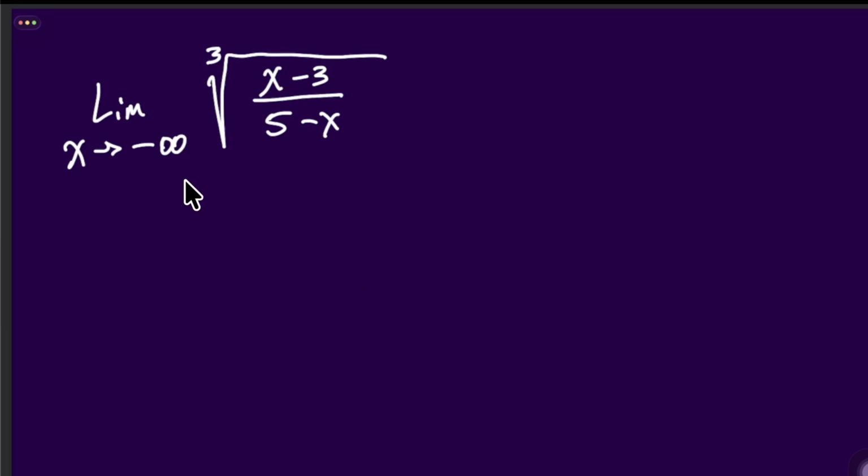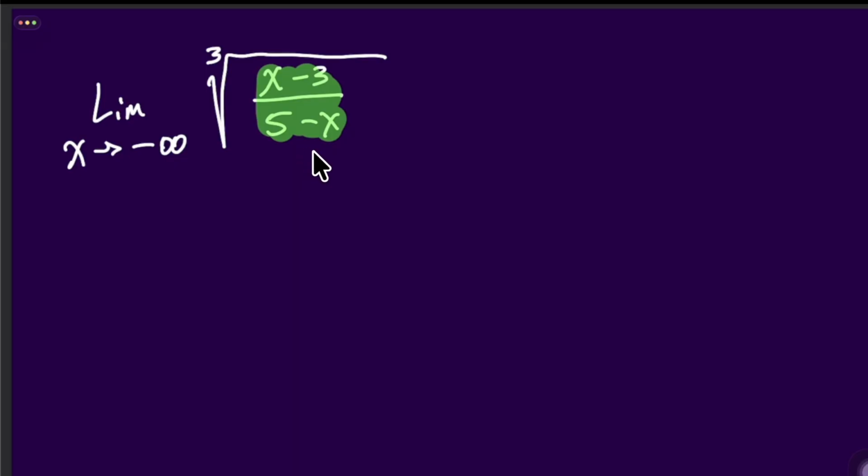For this limit, the first thing we notice is we're heading towards negative infinity, but that's an odd root, so we don't have to worry about inserting any negatives. The unique aspect of this limit is that the radical involves both the numerator and denominator. So let's get the intuition as to what the end behavior is of the radicand.